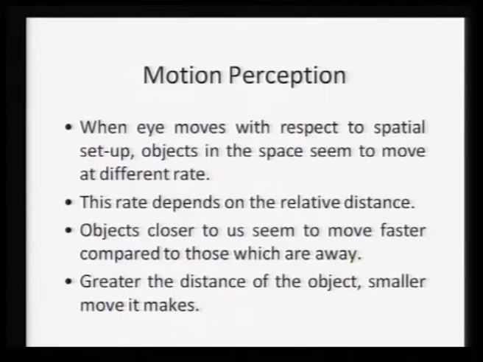So, depending on the eye movement in the spatial setup, objects in the space will always move at different rates, and this rate depends of course on the relative distance. Objects closer to us seem to move faster compared to those which are far away, and the greater the distance of the object, the smaller is the rate of movement.